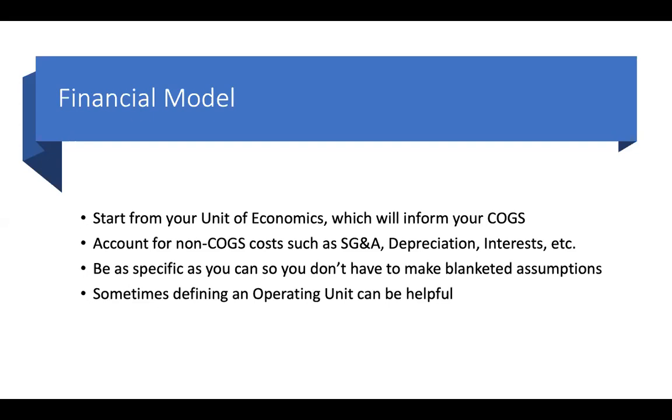One point. When I talk about the unit of economics, I did not mention anything about the non-cost of goods sold costs, because those costs are a little bit harder to break down to the customer level. Examples are rent for your entire business, which is not easily broken down to the customer level, or depreciation cost of your equipment, or interest costs.